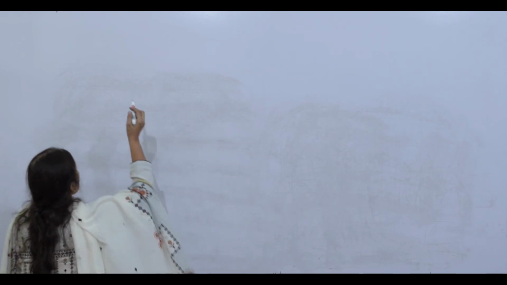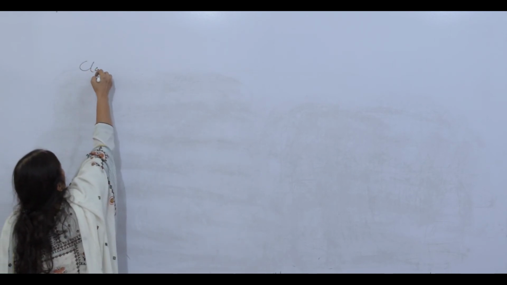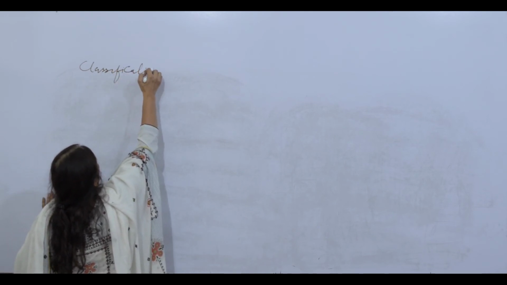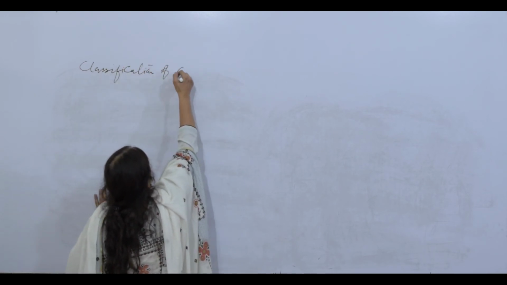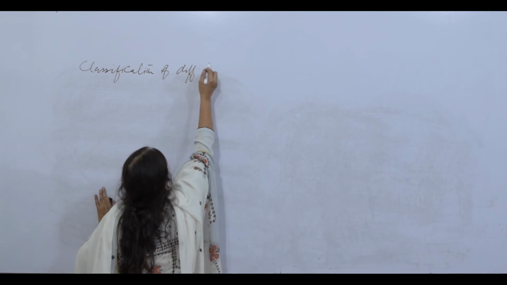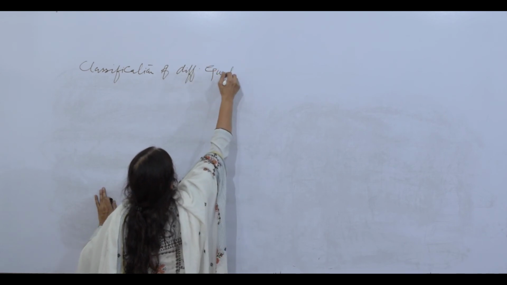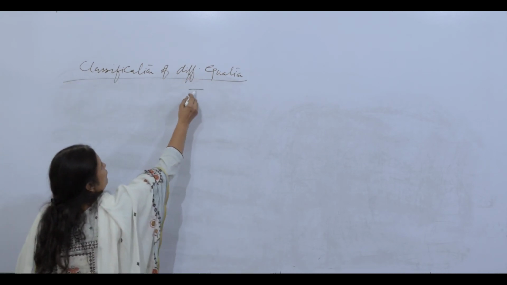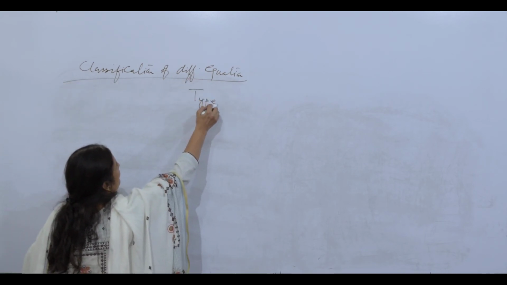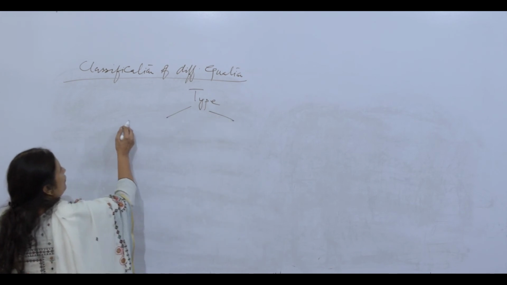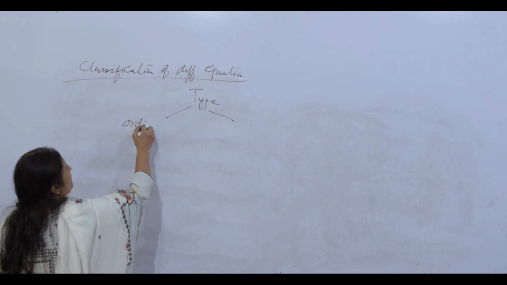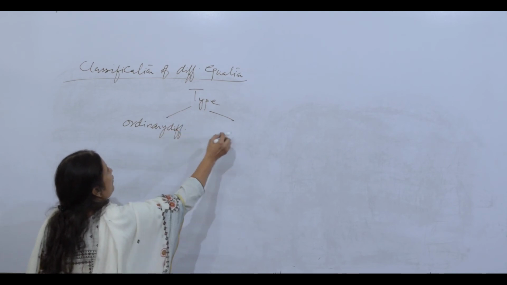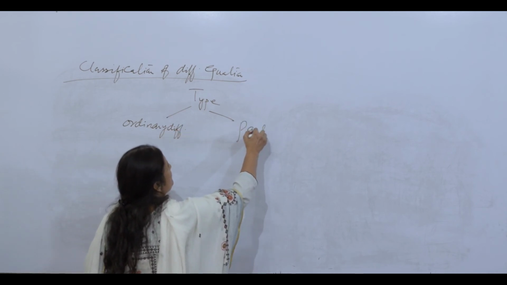Let me have the classification of differential equations. Classification. So let me have a flow chart for it. Type. Whether ordinary differential equation or partial differential equation. This is the type.